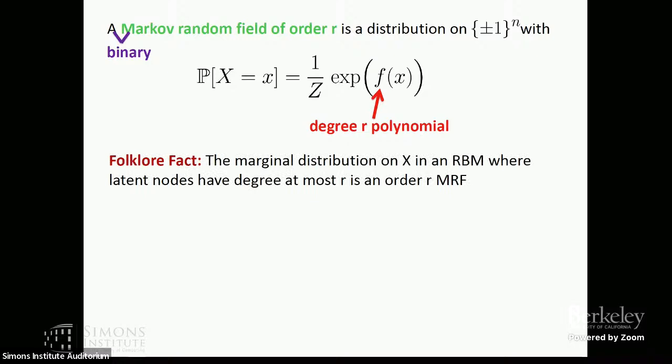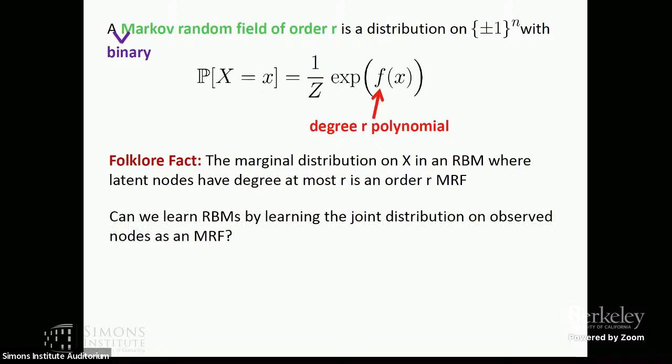And the classic folklore fact is that if you take a restricted Boltzmann machine where all of the latent nodes, the ones that you're not going to be observing, have degree at most R, when you marginalize all of them out, what you will get is a distribution on the observed nodes that is itself a binary Markov random field of order at most R. So that's the classic fact.